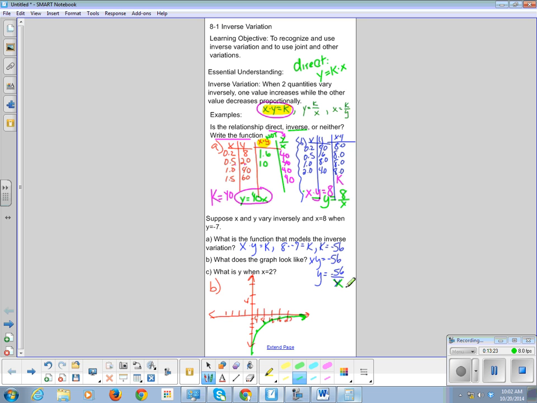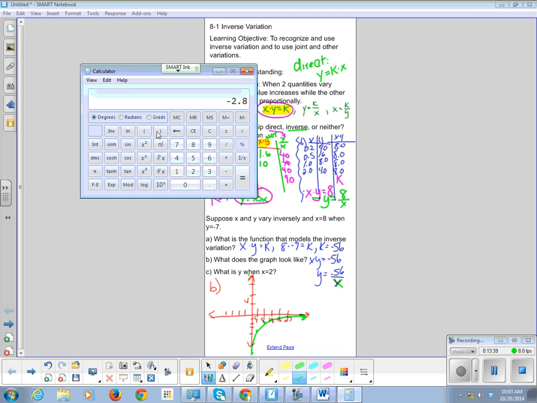Then let's go on the negative side. If I divide 56 by negative 1, it's positive 56. It's way up here. I divide negative 56 by negative 4, and I get 14.